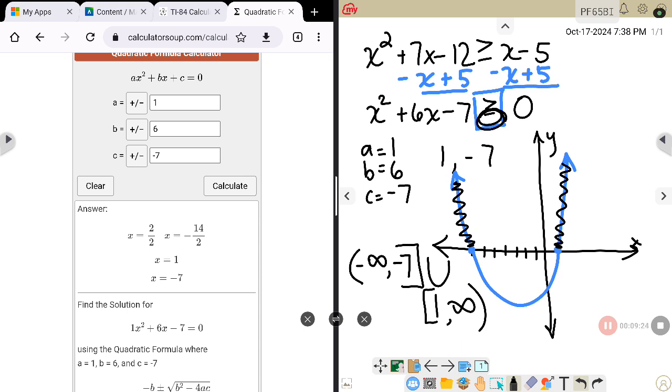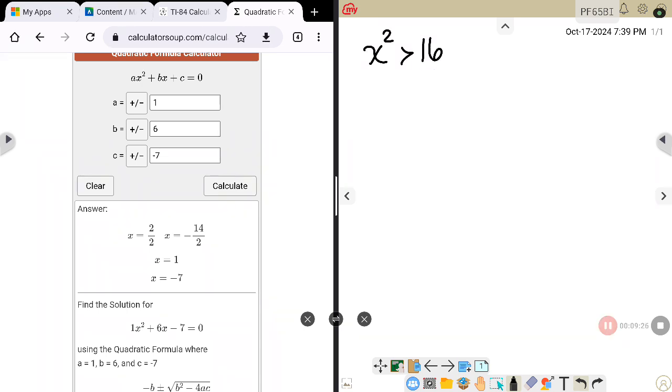All right, next example, I'm going to do the same thing. It's quad, so I want to find my zeros using my quad calculator. And I've got to subtract the 16 from both sides. So now I have x squared minus 16 is greater than or equal to 0.